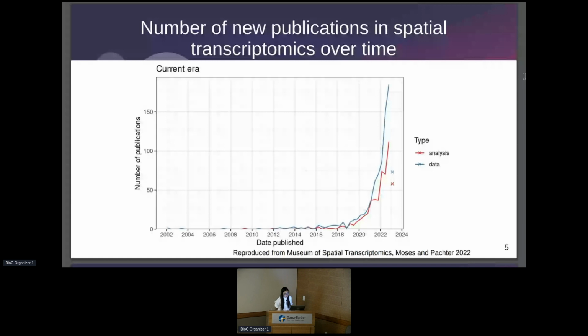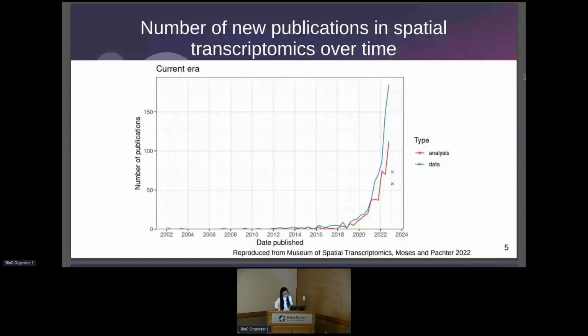So far there are already over 130 different spatial transcriptomics technologies, and there are even more for proteomics and spatial epigenomics and so on. However, only a handful are very commonly used.